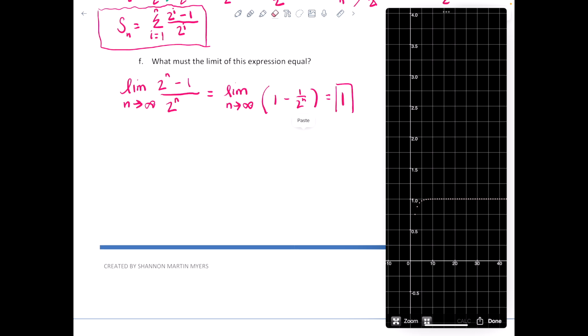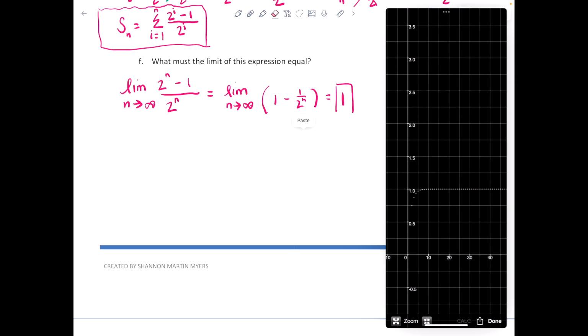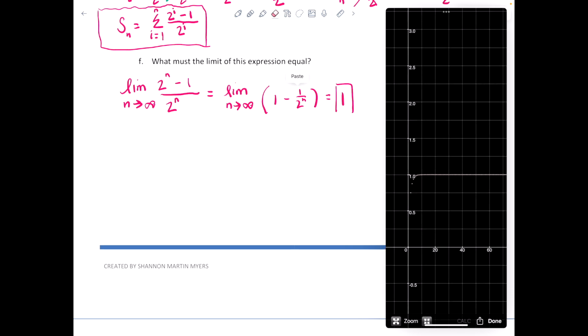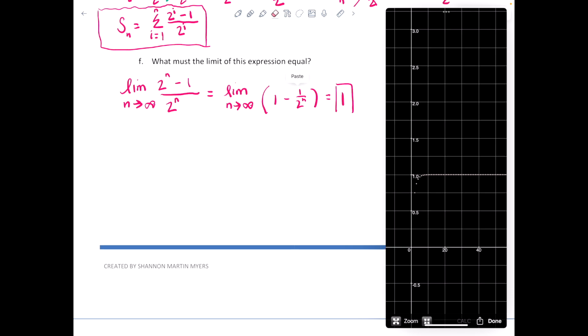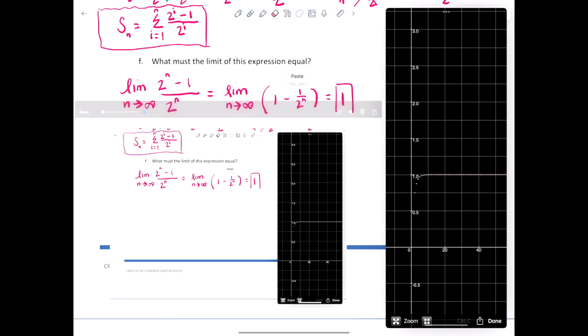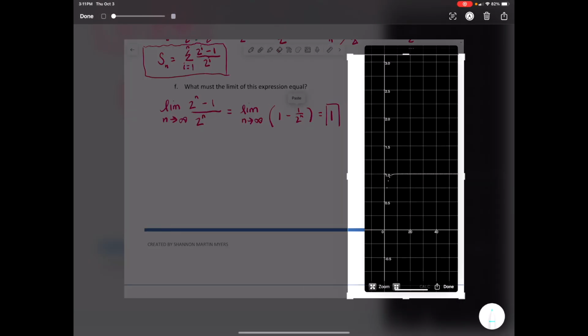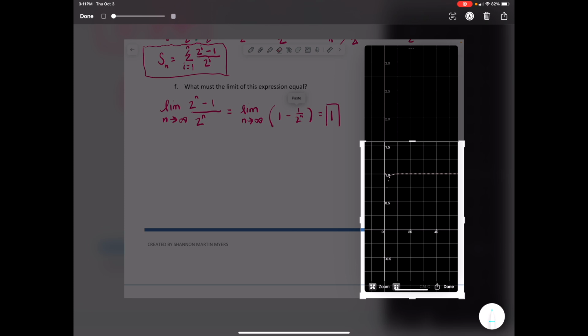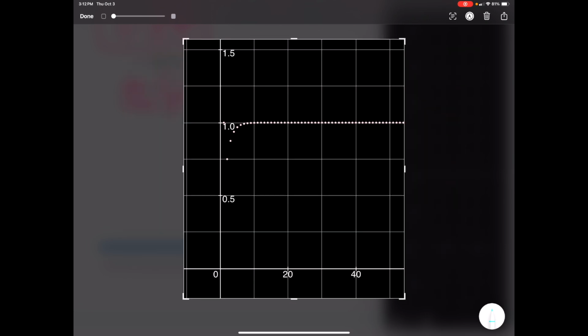And the thing that's beautiful about this is the sequence of partial sums. Let me take a capture of it. This is a sequence of partial sums for our series. Excellent.